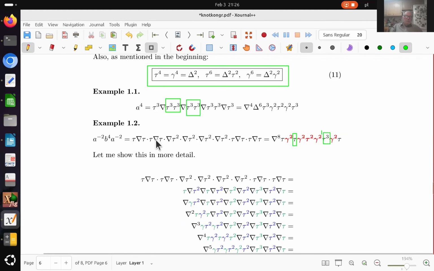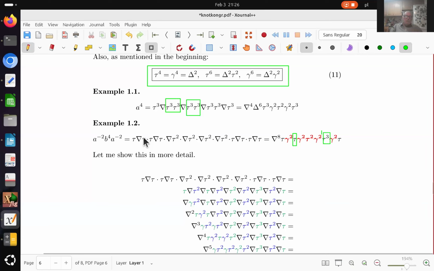And when you move another instance of nabla to the left, this gamma becomes tau again. And when you do it for the third time, it is again nabla. So you can see immediately that in this case you have 1, 2, 3, 4, 5, 6, 7, 8 nablas, which means that tau will finally remain as tau.